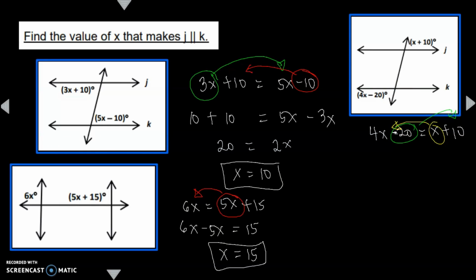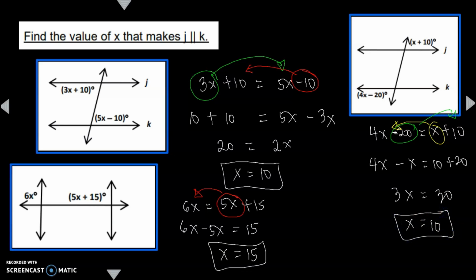So we then have 4x minus x equals 10 plus 20. 4x minus x is 3x and 10 plus 20 is 30. So what number will you multiply by 3 to get 30? Yes, it's 10. So I hope that you're still alive and kicking.